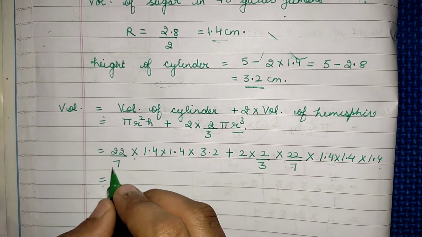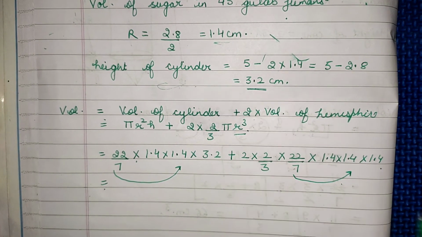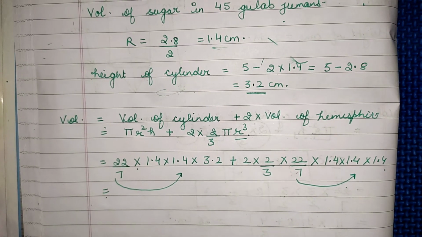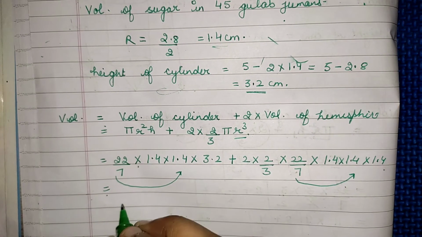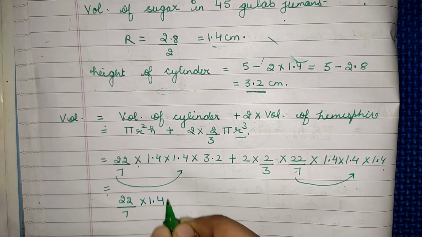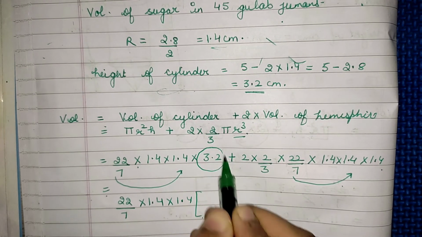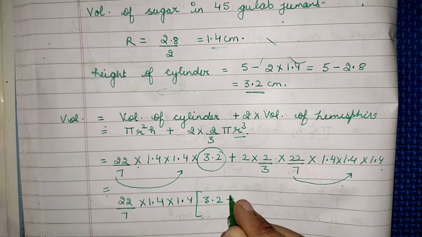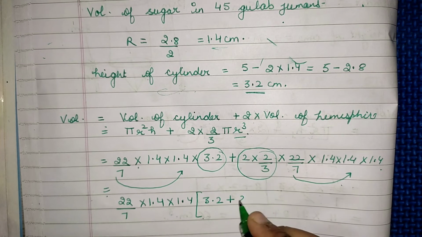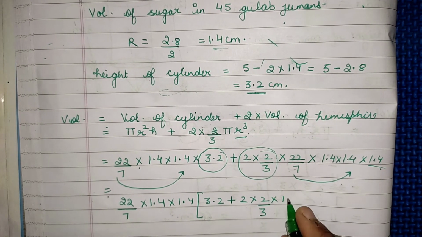Okay, so you can take out the common now. You can take out the common before putting the values also, or after putting the values, so it doesn't matter. So what will you get if you take out the common? 22 by 7 into 1.4 into 1.4, and inside the bracket the remaining part will be 3.2 plus 2 into 2 by 3, that's it, into 1.4.